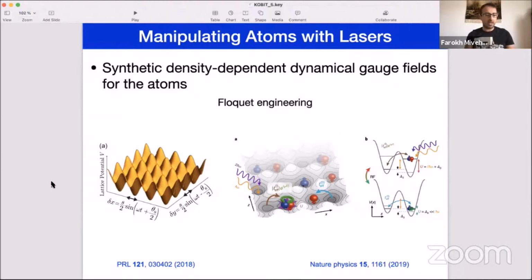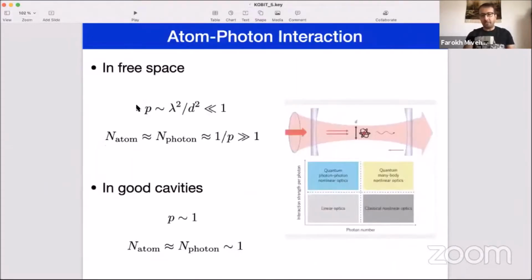And it turns out that the answer to this question is yes, and it relies on a strong atom-matter interaction coupling. In free space, the probability of an atom-photon interaction is much, much smaller than 1. So this means that one needs many atoms and many photons to see a nonlinear effect.